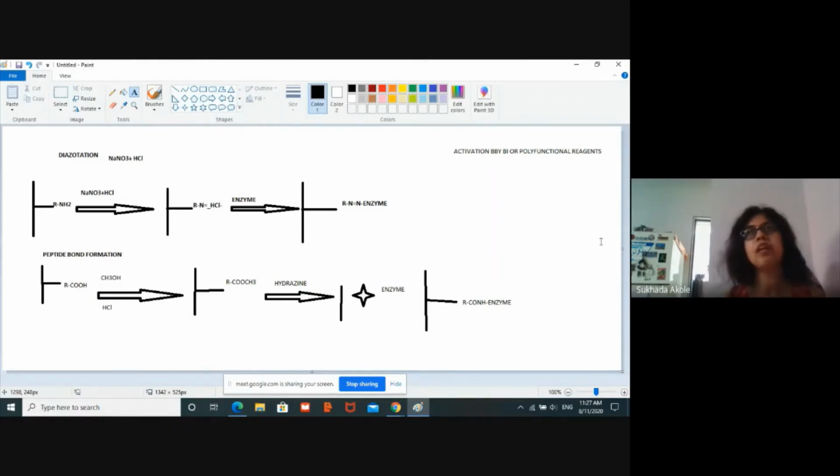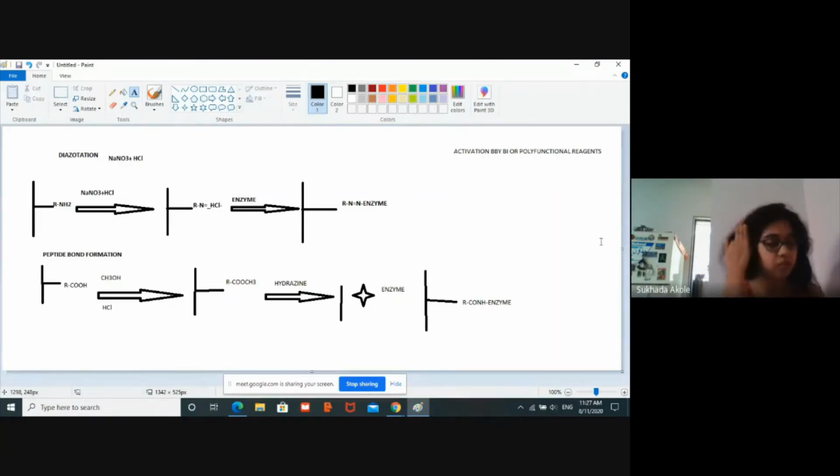Like for example, aminocellulose or aminoethyl cellulose or albumin or amino alkylated porous glass. So whichever surface you use for immobilization of that enzyme, it has to have originally an amino group. Okay.